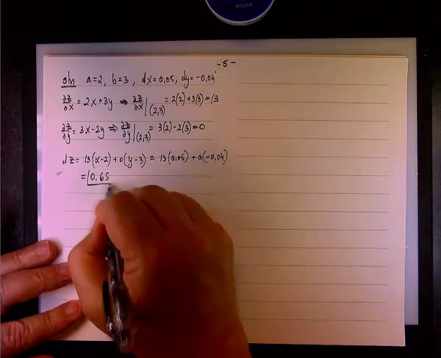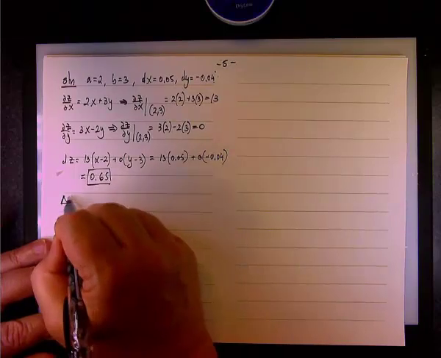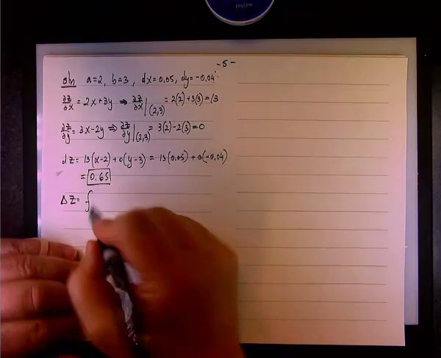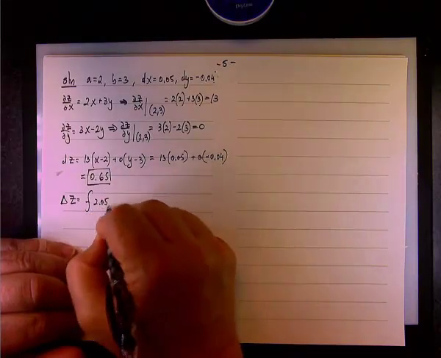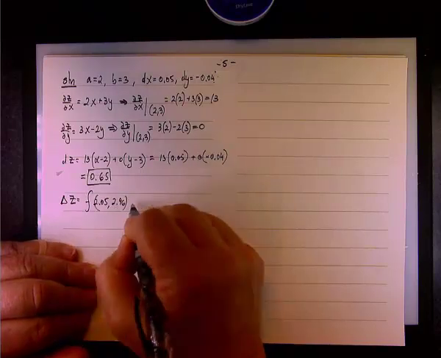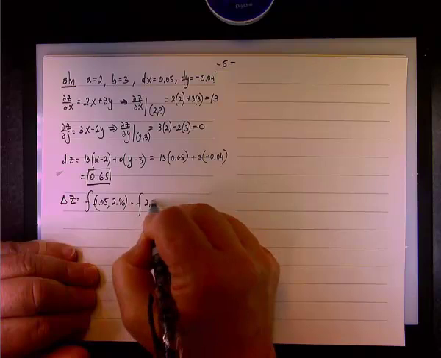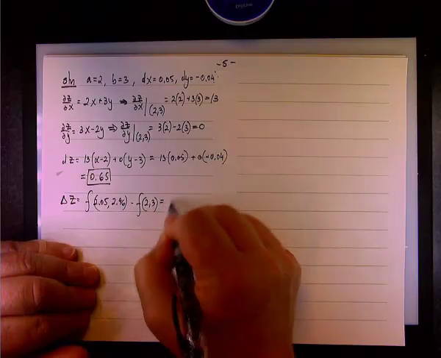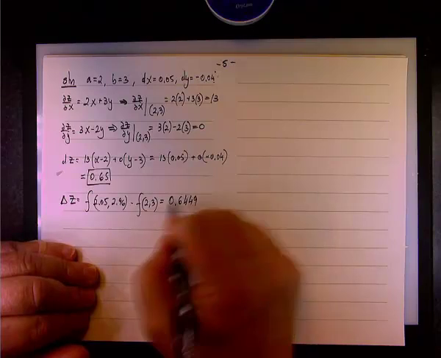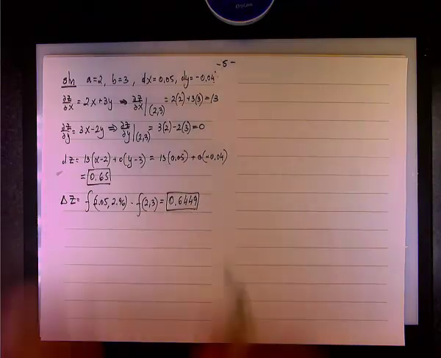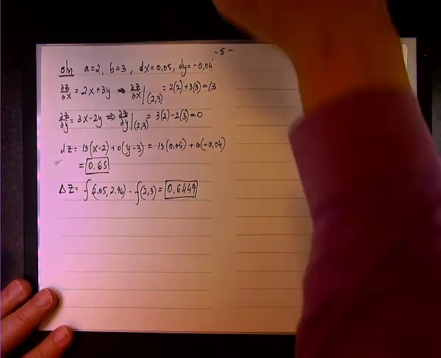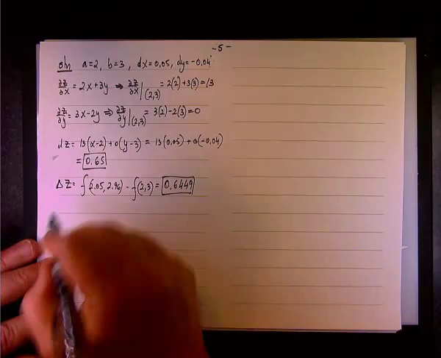So it turns out that this result is 13 times 0.05, which is 0.65. Okay? If we calculate delta z, it will be f of (2.05, 2.96) minus f of (2, 3), which turns out to be 0.6449.